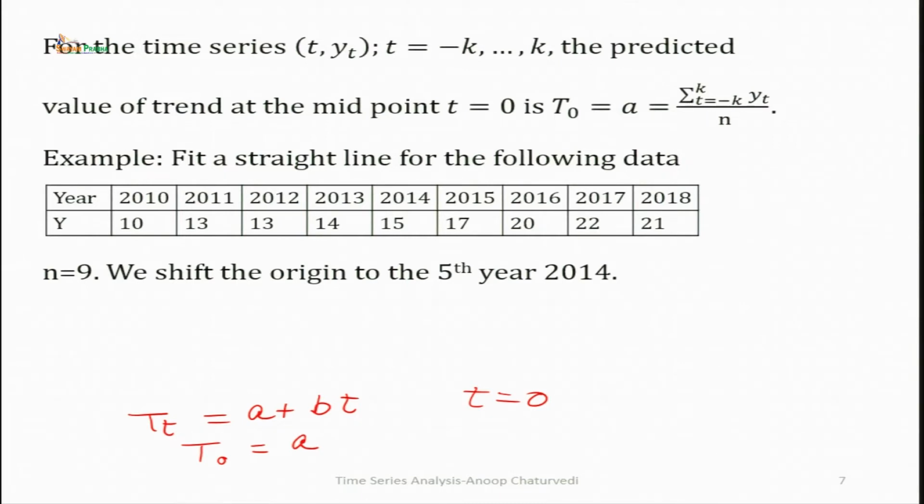So, your t naught is equal to summation y t upon n. So, basically what happens after this transformation?